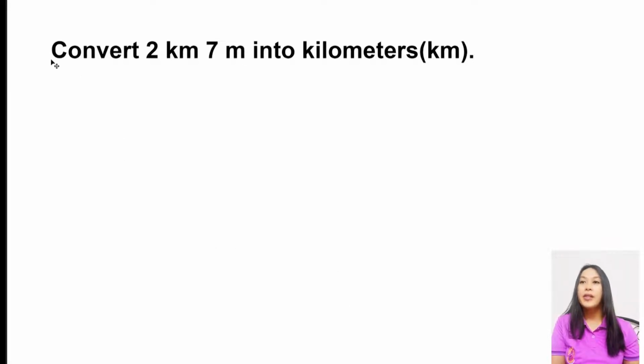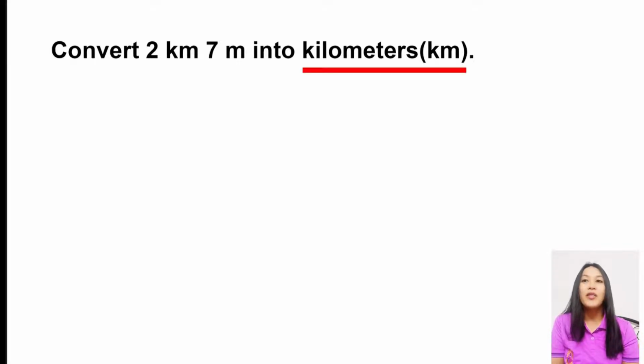We have our second example on your screen right now. Okay, so for our second example, you can see that we are asked to convert 2 kilometers and 7 meters into kilometers. Now, in order to convert that, let us first look at the units of measurement. So we have 2 in kilometers and then 7 in meters.